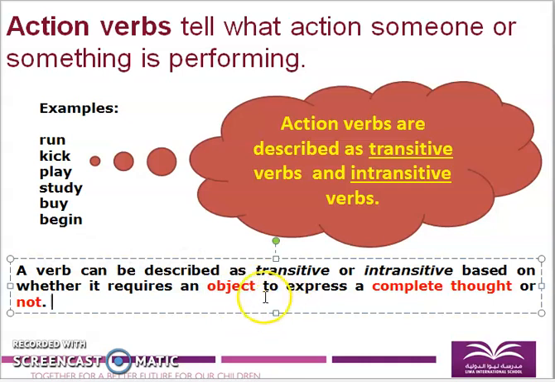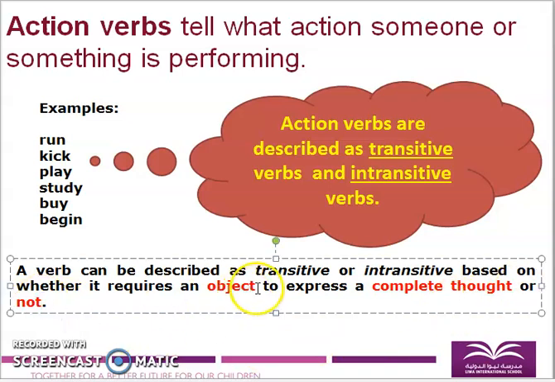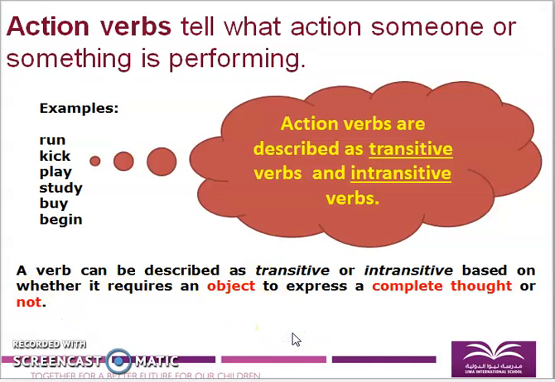We need an object to express a complete thought, to make our sentence clear, to complete the meaning of our sentence. But some verbs do not need an object at all. But how? And why? And when? That is a good question. Let's move on.